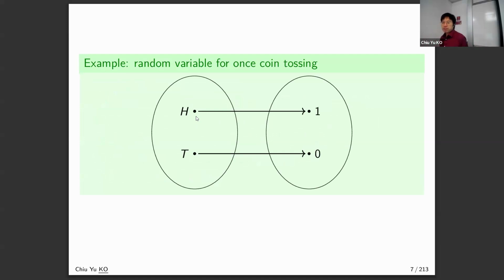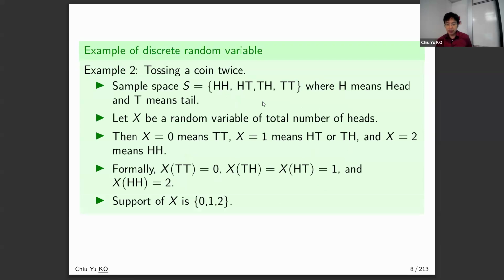So the outcome head is mapped to 1, and tail is 0. That means we're doing counting. When we extend it to tossing a coin twice, then two heads means 2, head-tail or tail-head means 1, and two tails means 0.